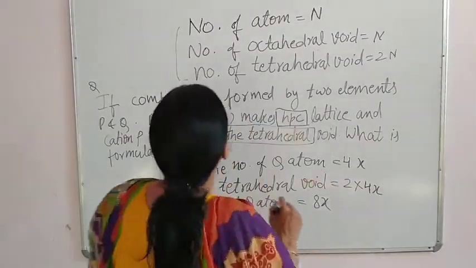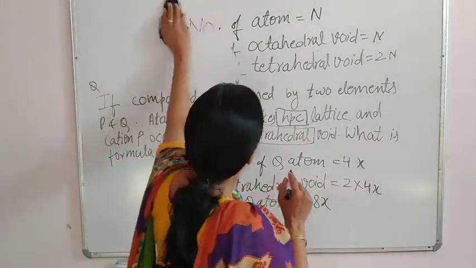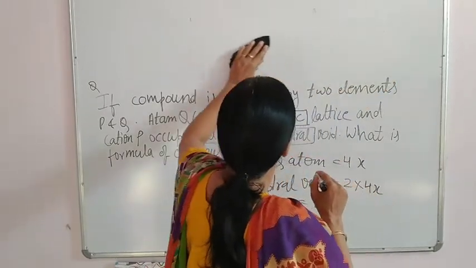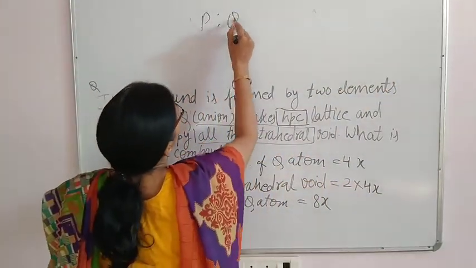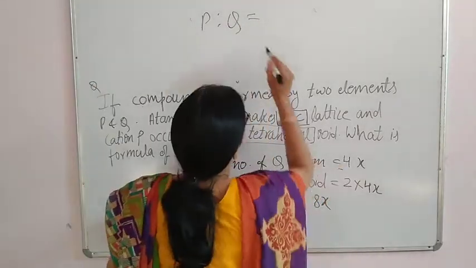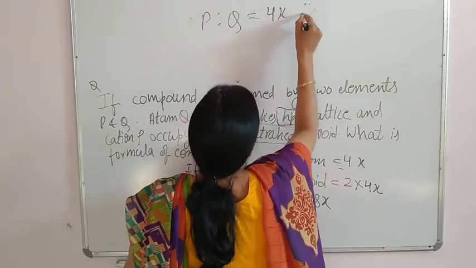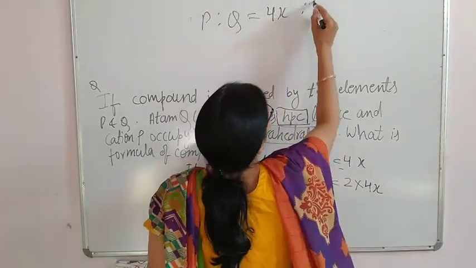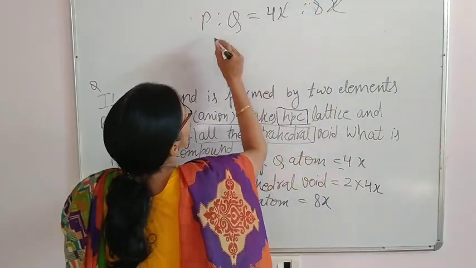Now the formula will be the P ratio Q. P is equal to 4x and Q is equal to 8x. So it will be 1 ratio 2.